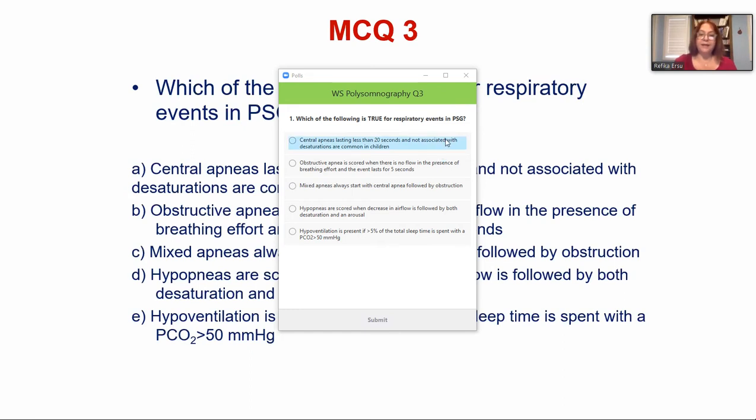Obstructive apnea is scored when there is no flow in the presence of breathing effort and the event lasts for 5 seconds. Mixed apneas always start with central apnea followed by obstruction. Hypopneas are scored when a decrease in airflow is followed by both desaturation and an arousal. Hypoventilation is present if greater than 5% of the total sleep time is spent with a PCO2 greater than 50 millimeters of mercury. So please vote.